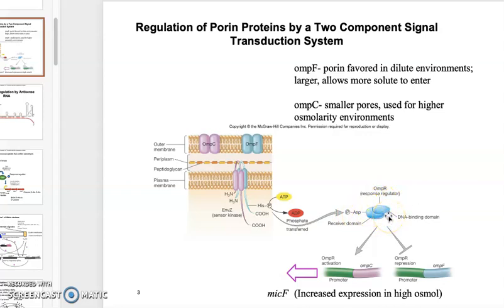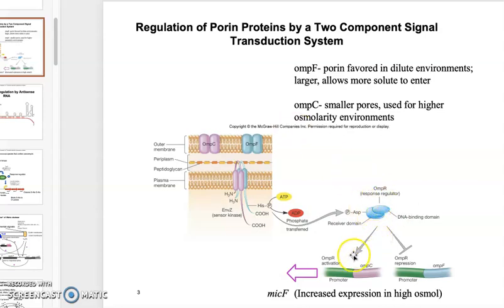OMP-R phosphate can then act as a repressor, sitting on the operator within the promoter of OMP-F and turning it off. Remember that this is a high osmolarity scenario, and so we want to favor the expression of OMP-C and cut down on the amount of OMP-F produced in the progeny cells.